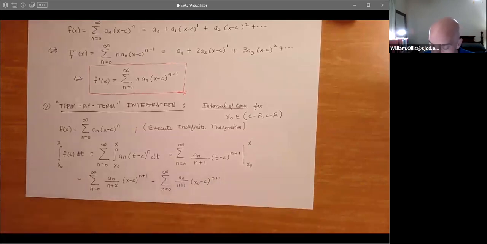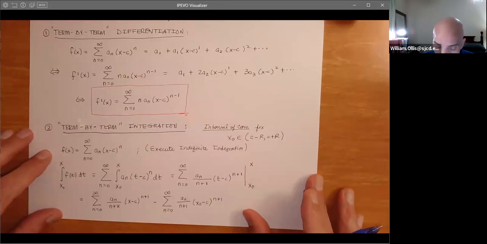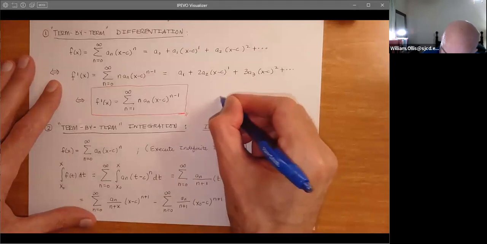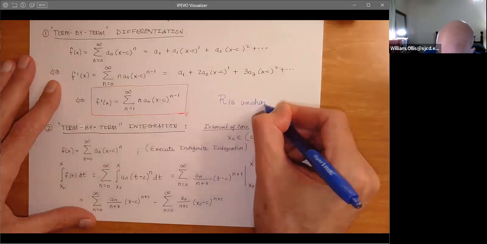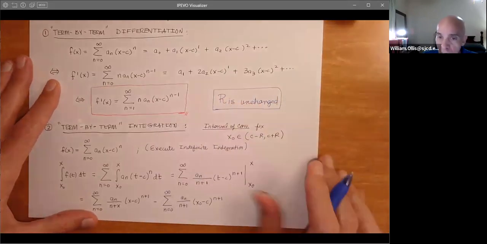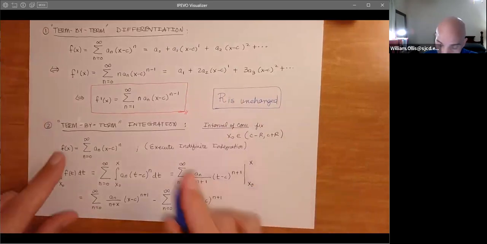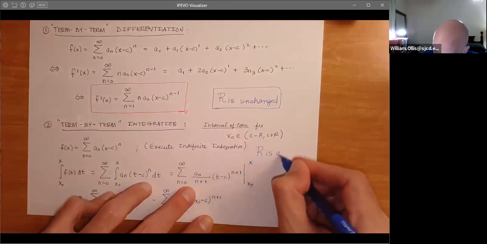Now, one thing that we have to use here that's very important for term by term differentiation: r is unchanged. You can apply the ratio test to prove that. The radius of convergence is unchanged. For term by term integration, r is unchanged.